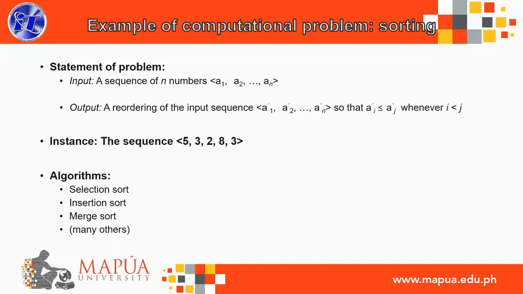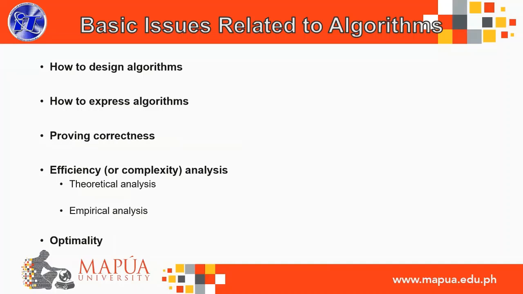Okay. So now, what are the basic issues related to algorithms? If you have a problem, the first thing is, how could you solve that problem? So you have the initial idea. Now, how to design an algorithm for that problem? How many steps? How many levels? How many variables are you going to use? Second, how we're going to express the algorithm.